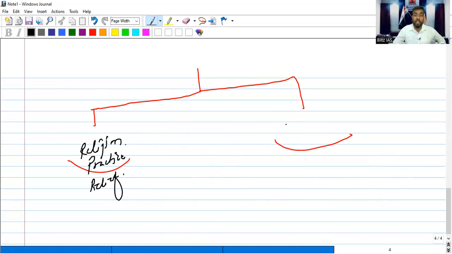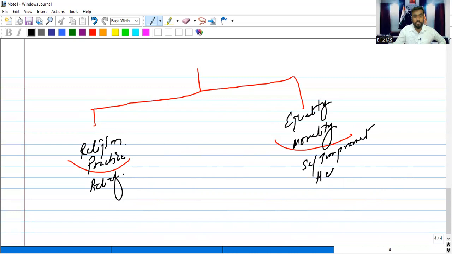And on the other side, you have to think of equality, morality, scientific temperament, health, etc.